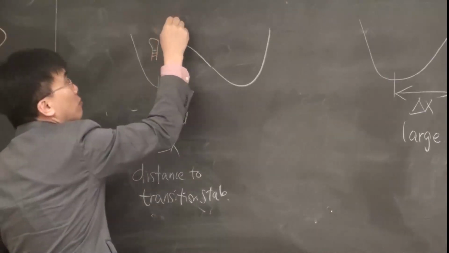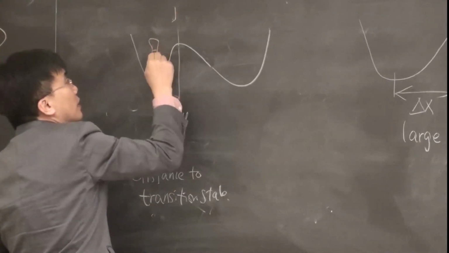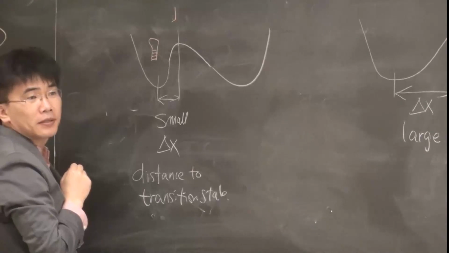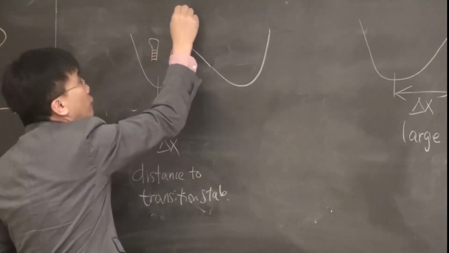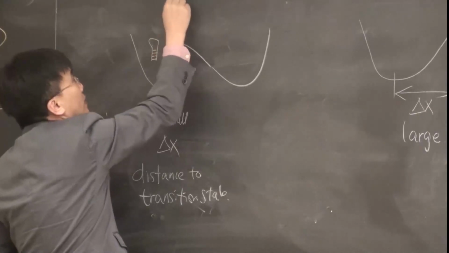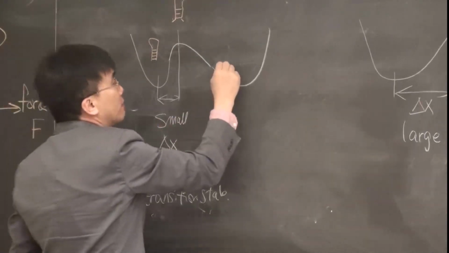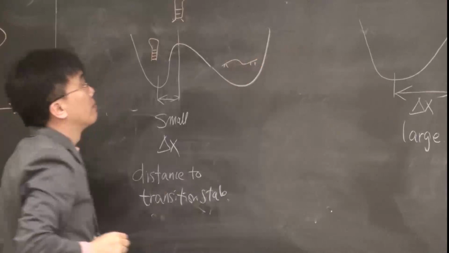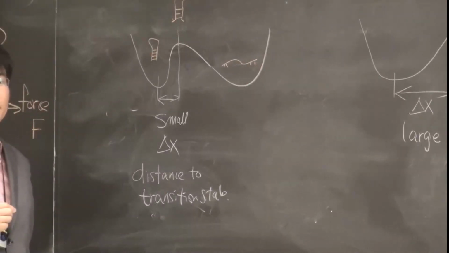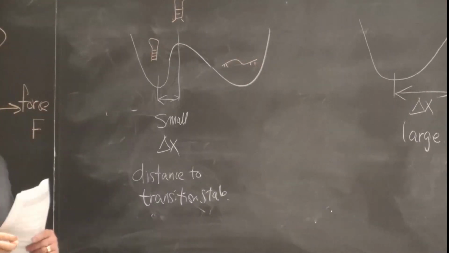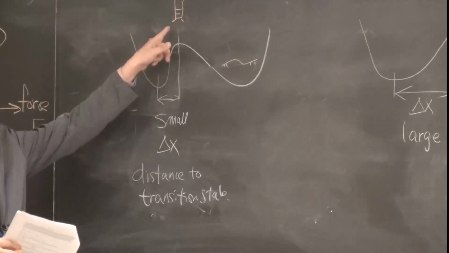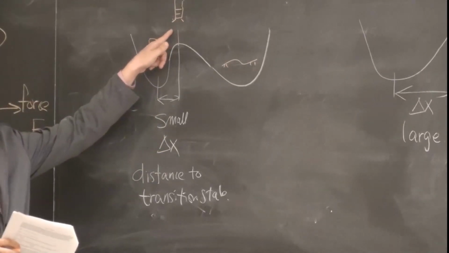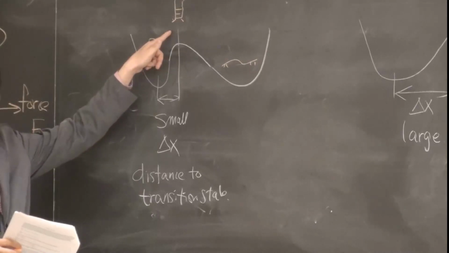In the transition state, instead of having 4 base pairs, you may have only 3 base pairs, like this. And then here you have a fully melted one. So if you were to actually determine that delta x is very small, you may be able to conclude that this is the transition state structure.